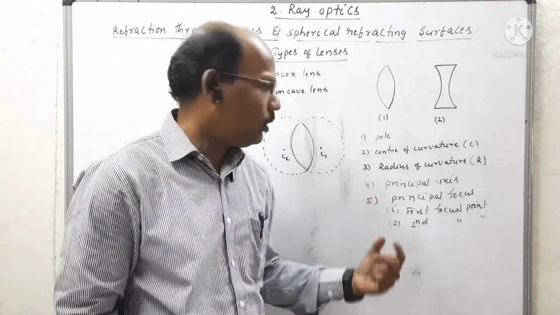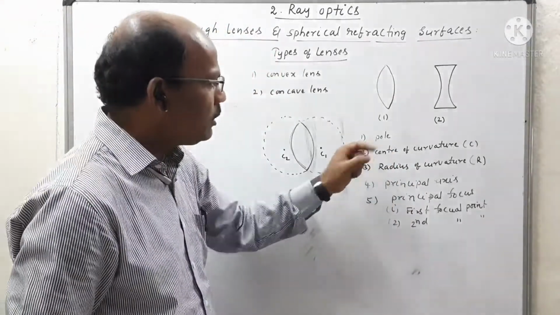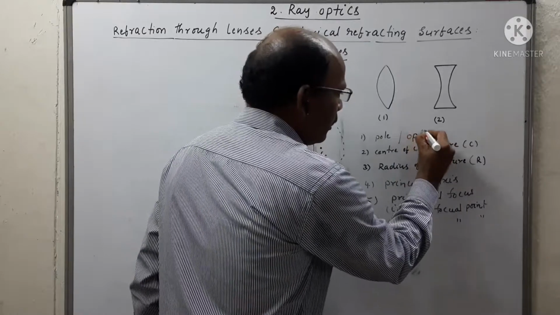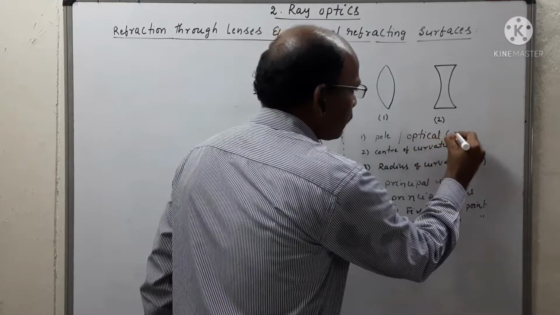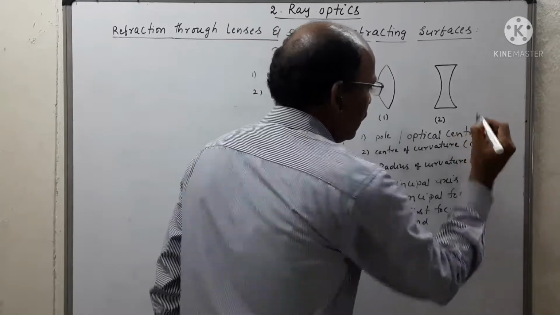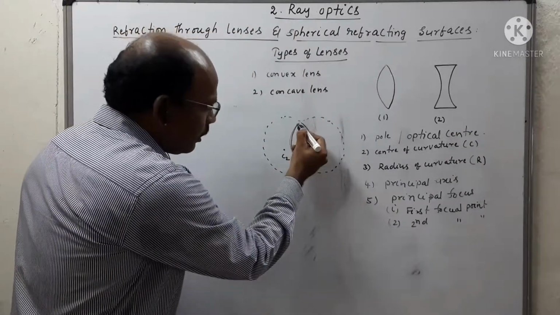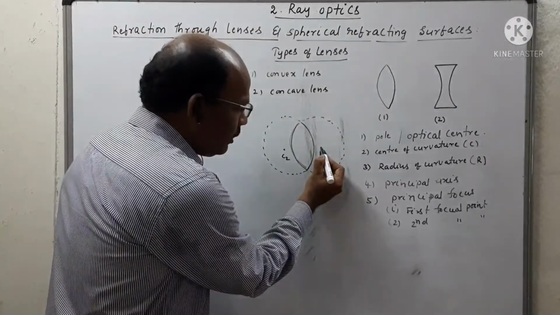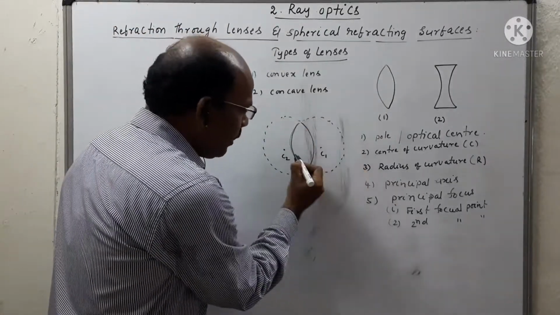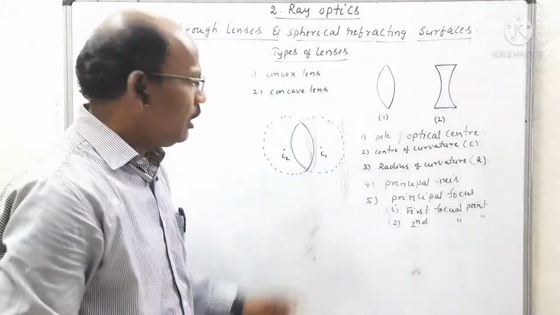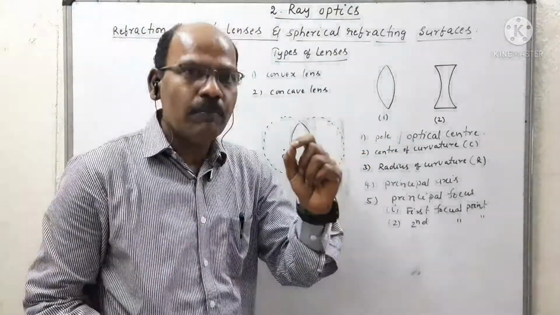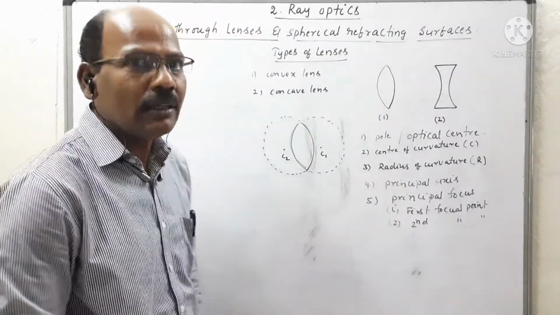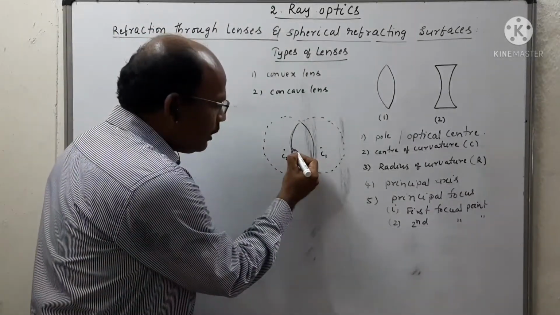Similarly, in the lens also we can observe what is pole, or otherwise this can be taken as optical center. Suppose you take the first curved surface or refracting surface, we observe the center of the sphere formed by this refracting surface. So what is optical center or pole? Pole means, as we already learned in mirrors, the center of the refracting surface.